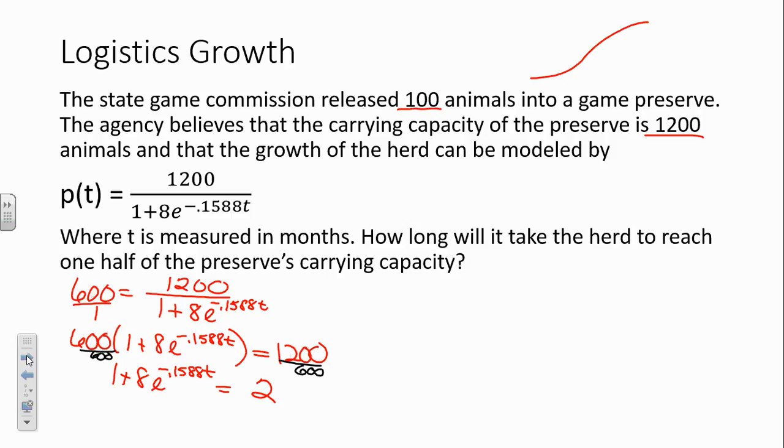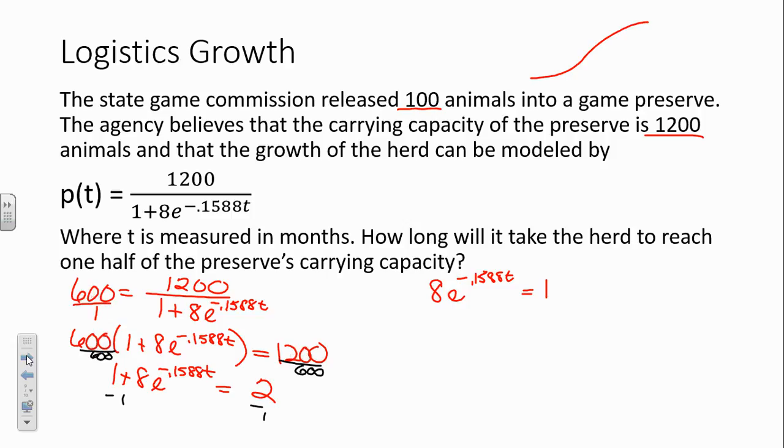Now I want to get this stuff by itself, right? So we'll subtract 1 from both sides. And we get 8 e to the negative 0.1588 t will be equal to 1. Okay? Still trying to get the t by itself, but there's an 8 hanging out in front.